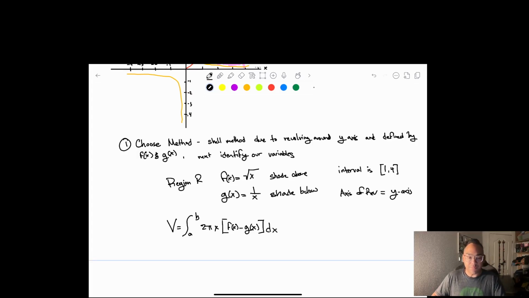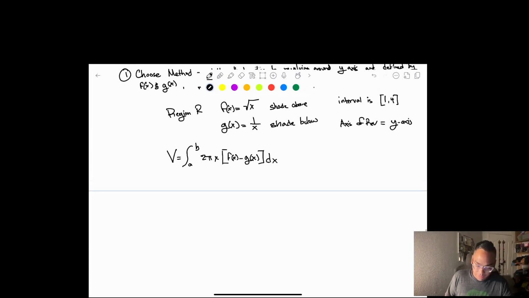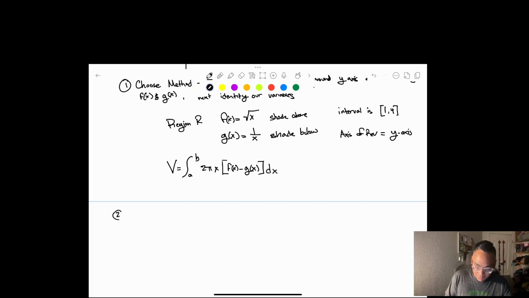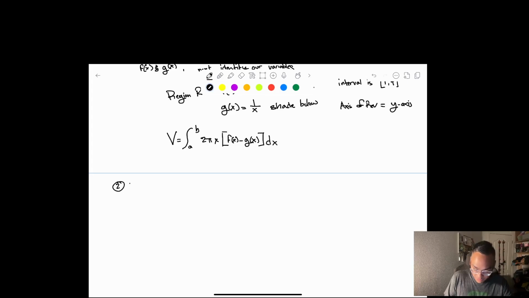So it's very, very simple. From here, we identified the variables. What do we do now? Now we move on to evaluate the upper and lower limits.